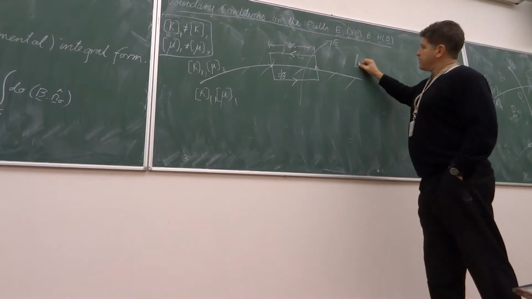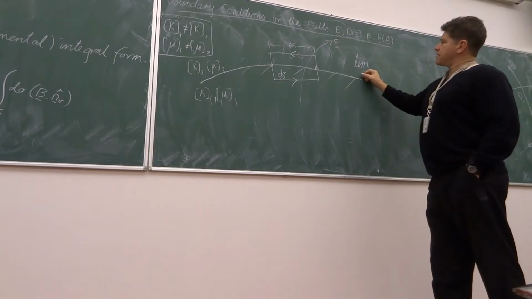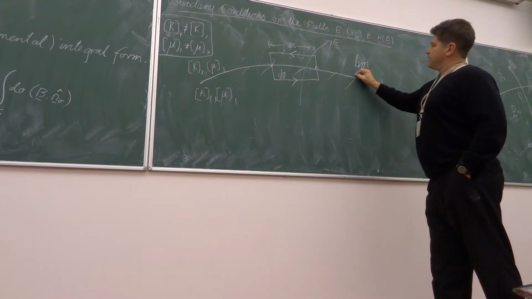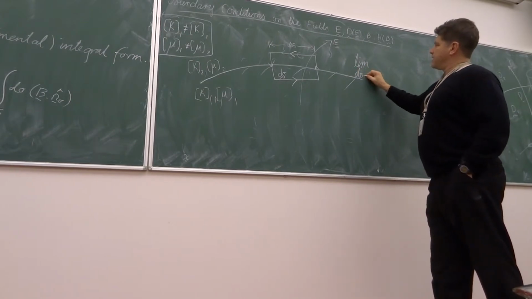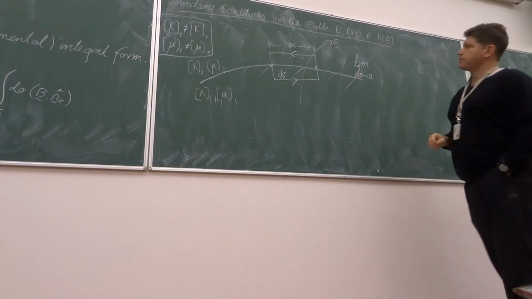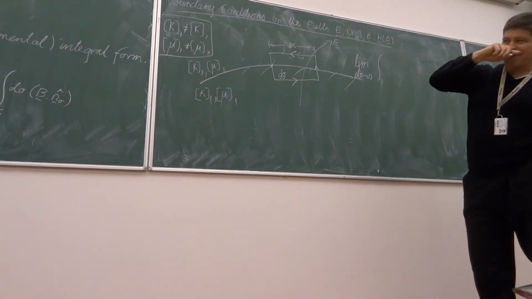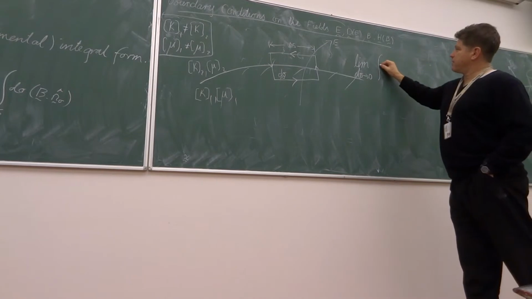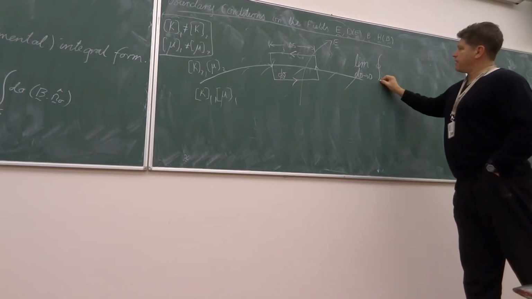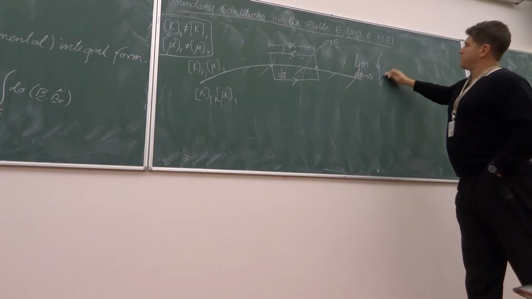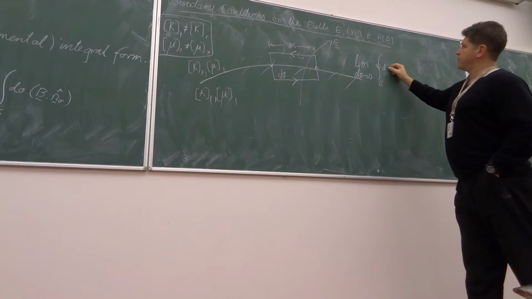Now the limit, as that goes to 0, of first of all our closed loop term. I'll put the path element, and we've got ds.